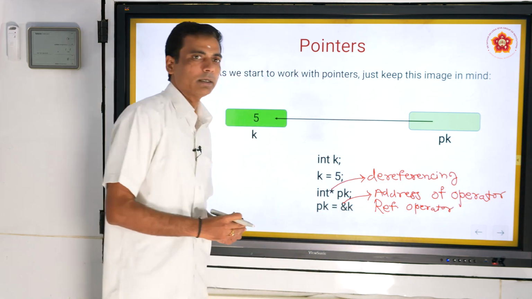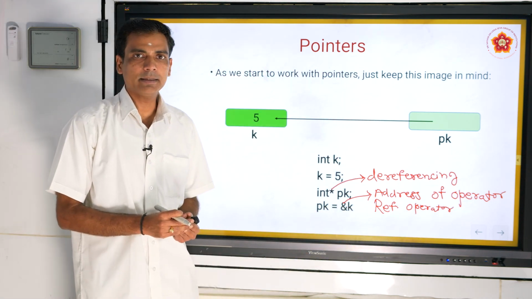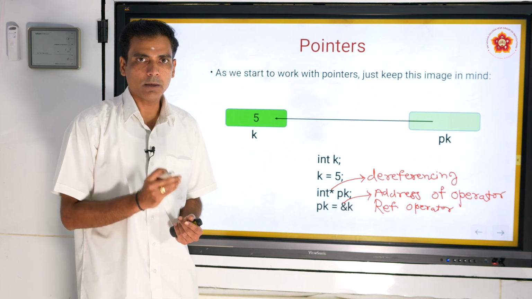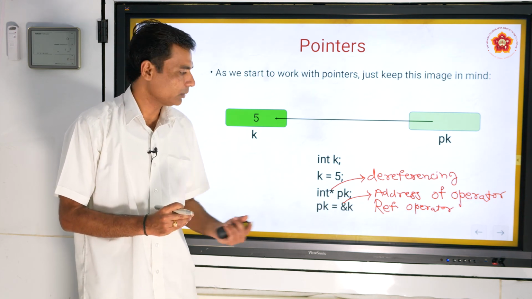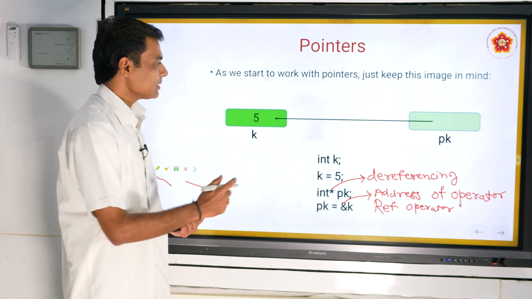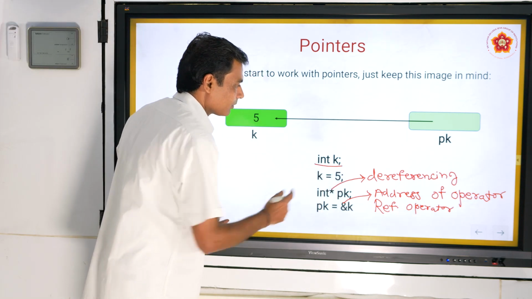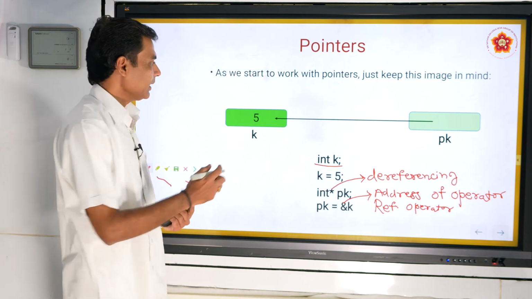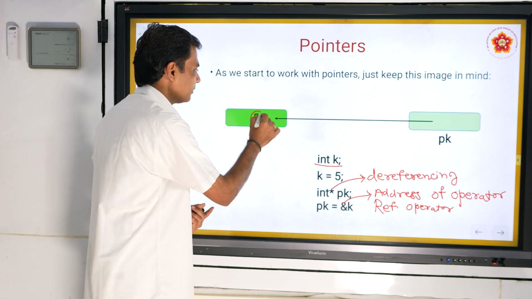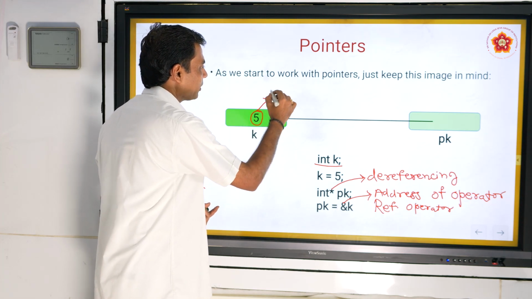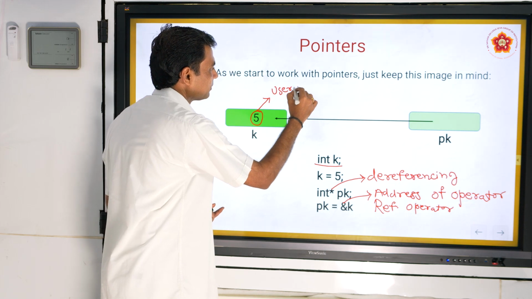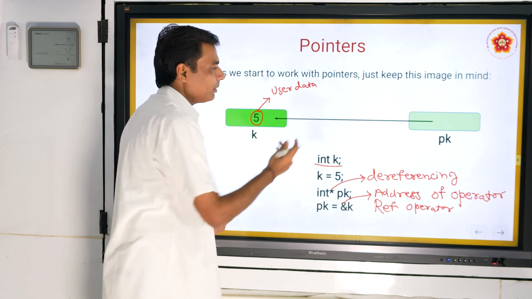The reference operator is used to assign the address of one variable to the pointer. Here k is the integer variable which stores the data value 5. We call it user data. This 5 can be anything.